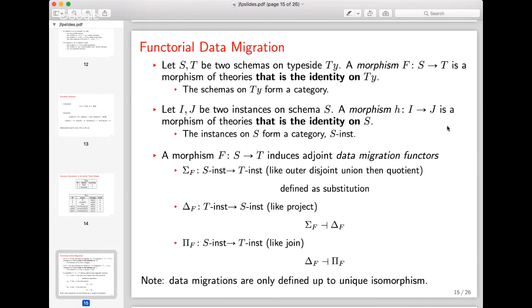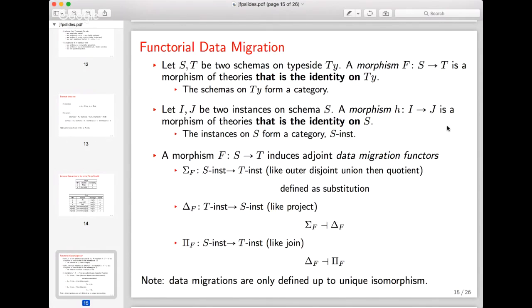So this part is a little bit different than the earlier work in functorial data migration, where we're working semantically. What we do is we define delta to be composition, and delta has a left adjoint sigma and a right adjoint pi. But here it's sigma that is the easy one, and it's defined as substitution.